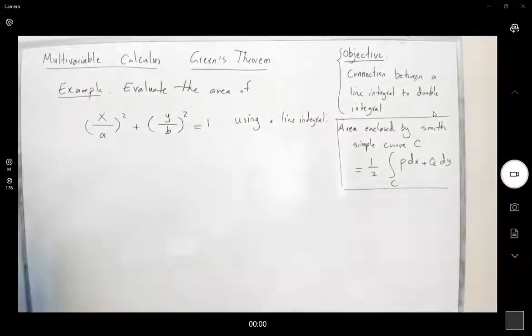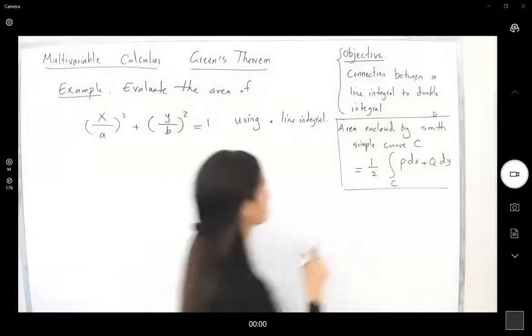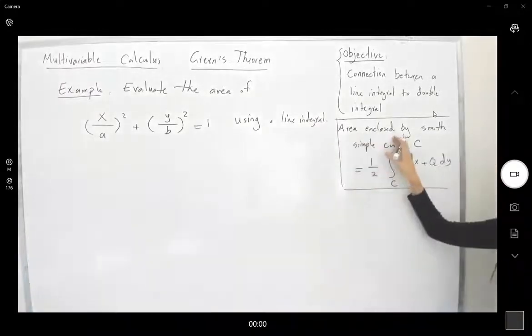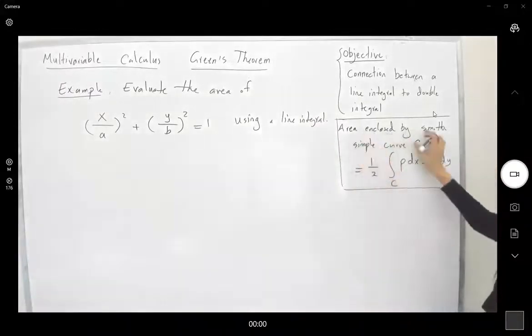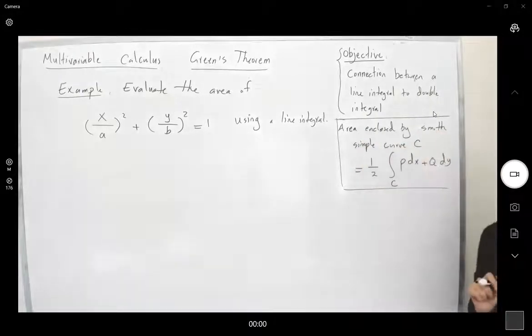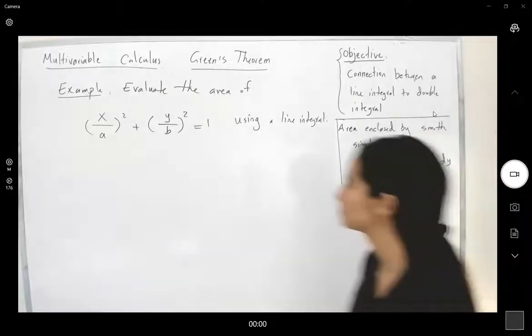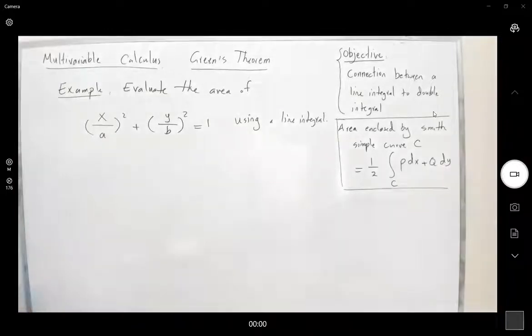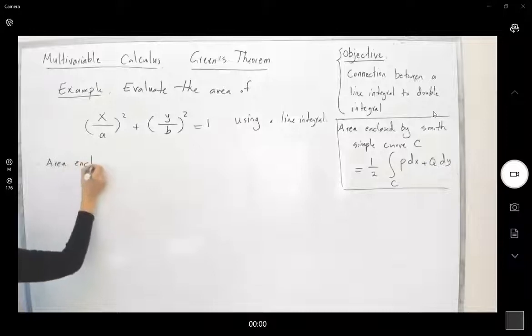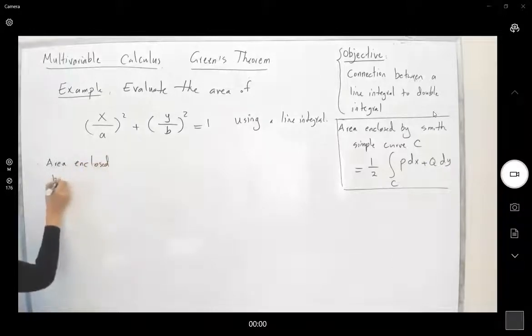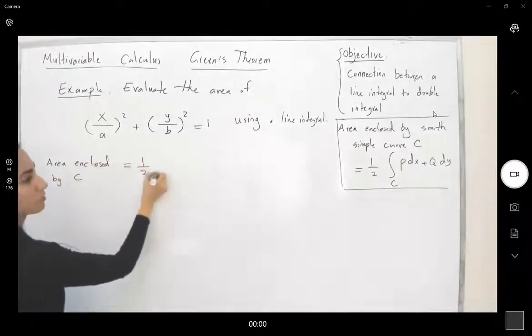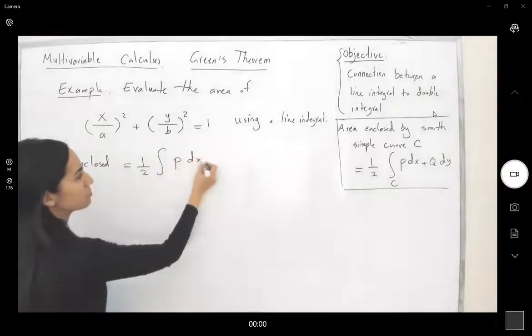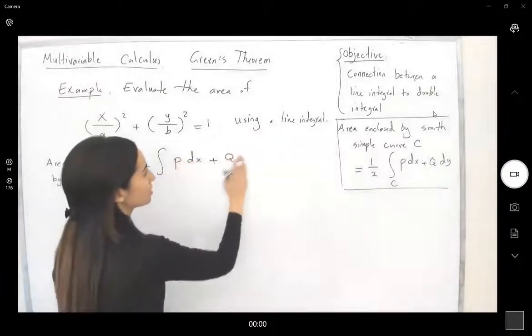So how do we do that? Well, the formula that we have says the area enclosed by a smooth simple curve C is a half line integral of P dx plus Q dy. What is P? What is Q?